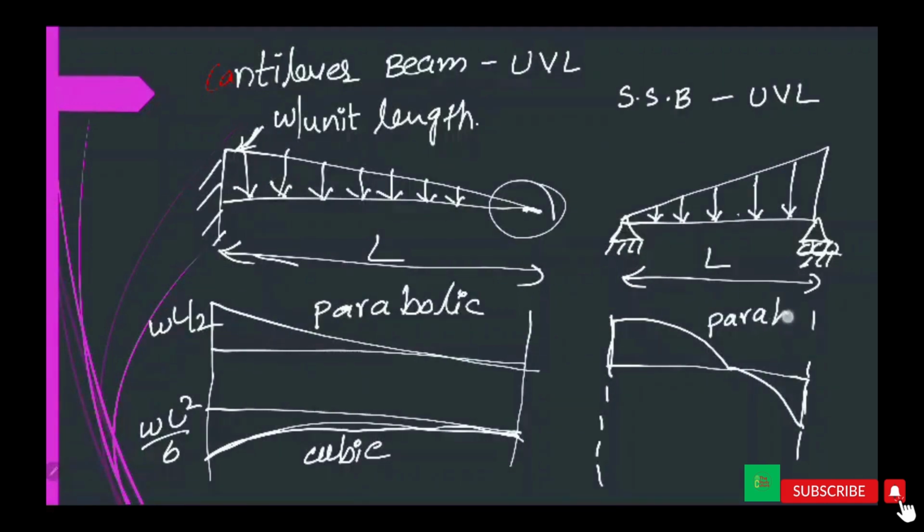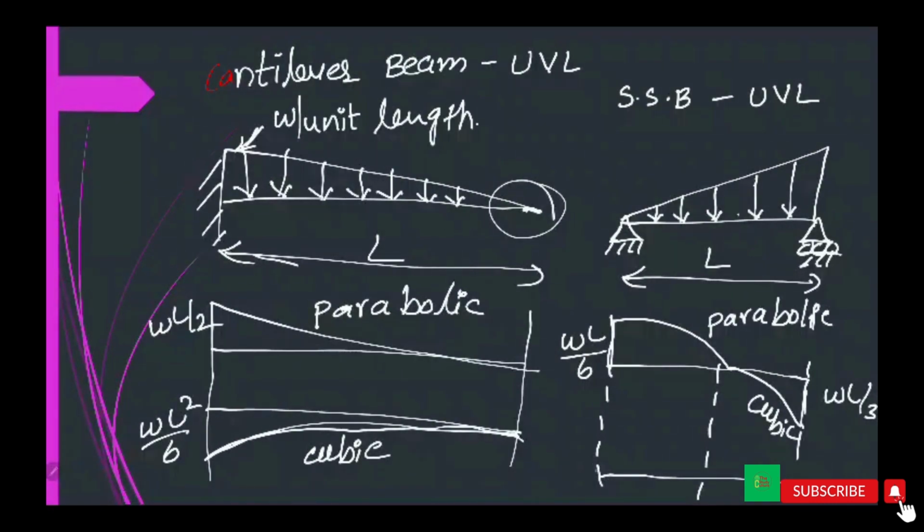Parabolic here, cubic here. WL by 3, WL by 6. And the bending moment diagram is like this, WL square by 24. This is a simply supported beam subjected to a UVL load.